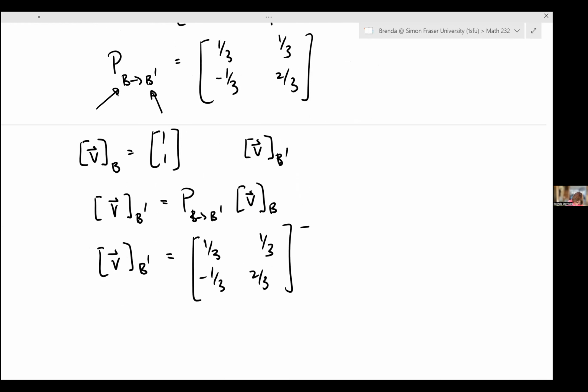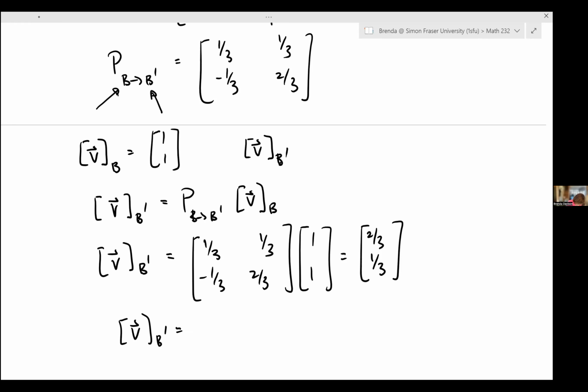And we multiply it by the coordinates relative to the original basis. And we get two numbers, these numbers here. I can then write out the vector V relative to B prime as (2/3, 1/3).